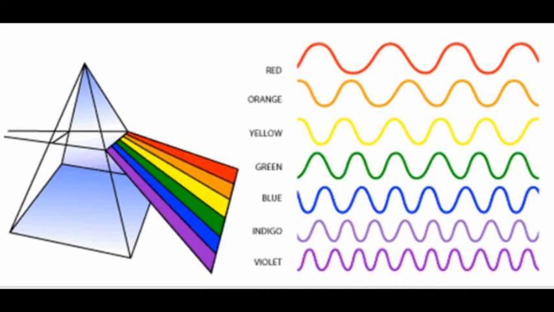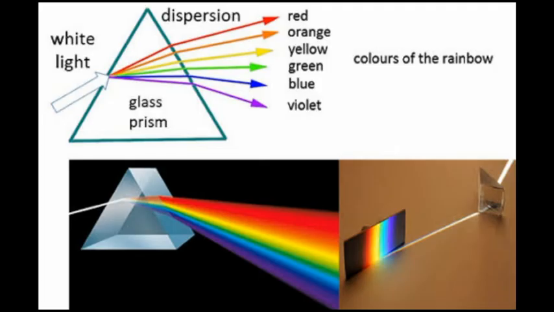While the refraction takes place, a different amount of bending is undergone by these different ranges of wavelength. Visible light is a combination of different ranges of wavelength, and these different ranges of wavelength undergo different amounts of bending.